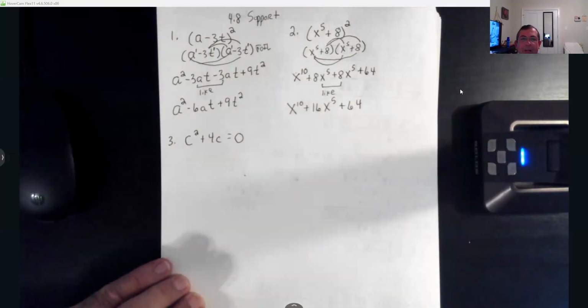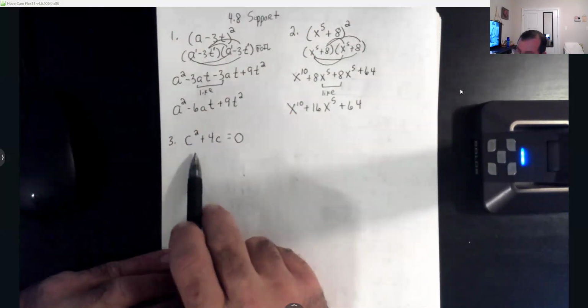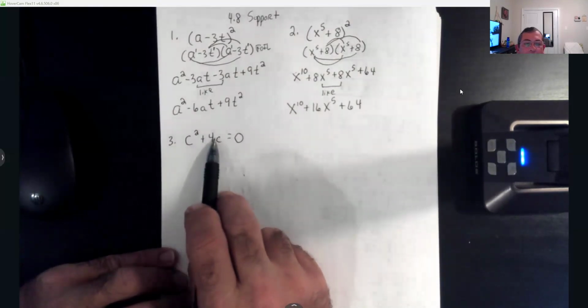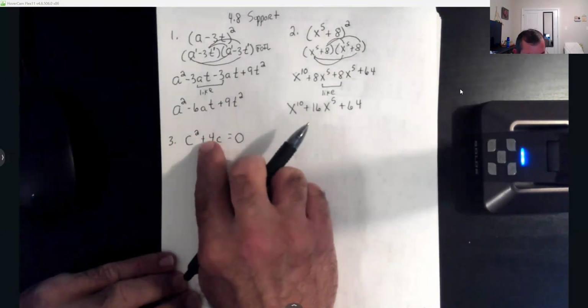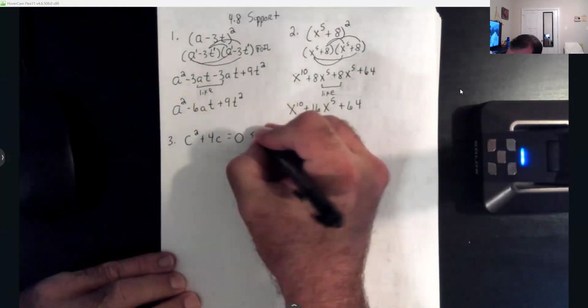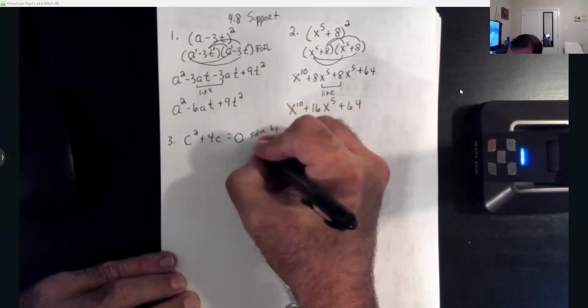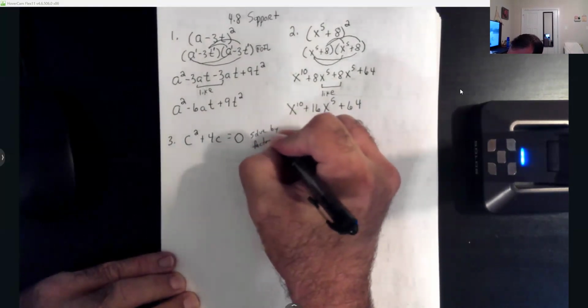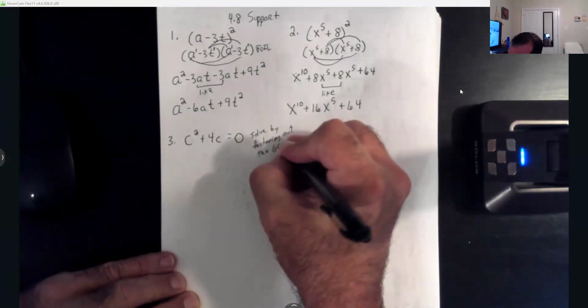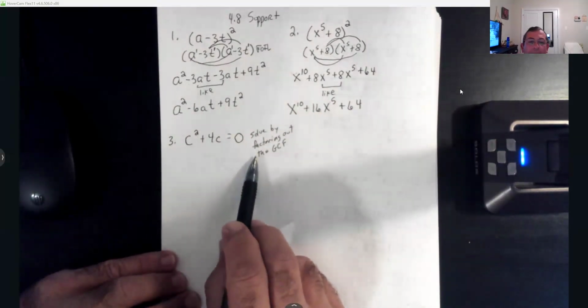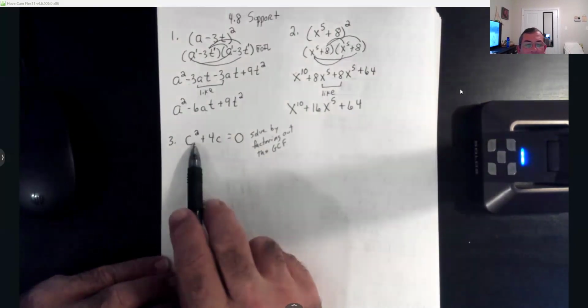All right, well, then they gave me some to solve. So they want me to solve c squared plus 4c equals 0. So I'm going to solve this one by factoring out the GCF. Factoring out the greatest common factor.